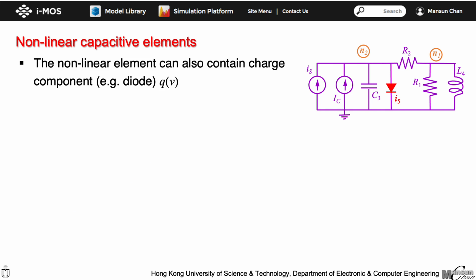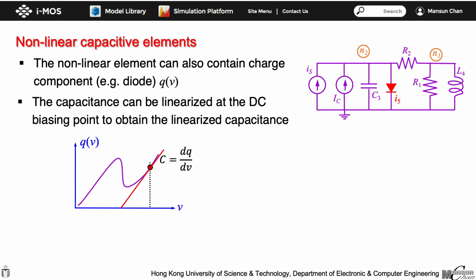Assuming the QV relationship of the nonlinear charge element is given in the figure. It can also be treated as linear element at the biasing point when the modulating signal is small enough. Therefore, after solving for the DC operating point, the nonlinear charge element can be treated as a linear capacitor with its capacitance given by the charge derivative at the biasing point.